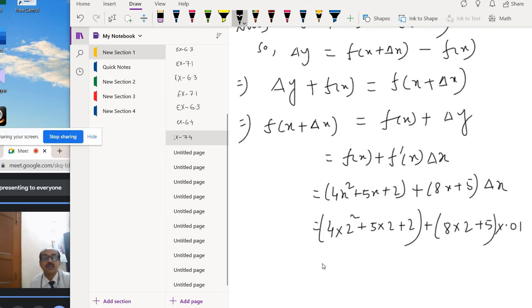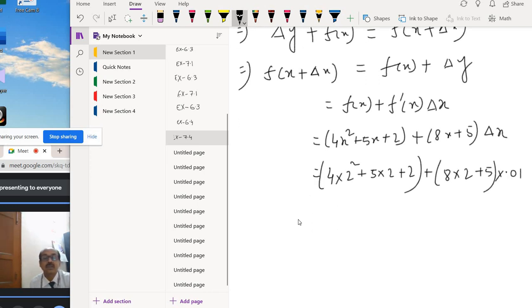Okay, so calculate this. Equal to 4 into 4, 16, plus 10 plus 2, plus 16 plus 5, 21, into 0.01.